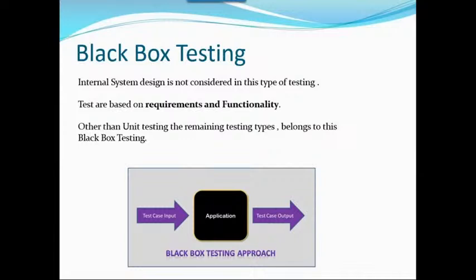Based on the requirements and the functionality, we need to test the application. Other than unit testing, which I told you is done by the developer, the remaining types belong to black box testing only. So in real time, we are the black box testers, the functional testers. We need to check whether the application is working as per the given requirements and functionality.